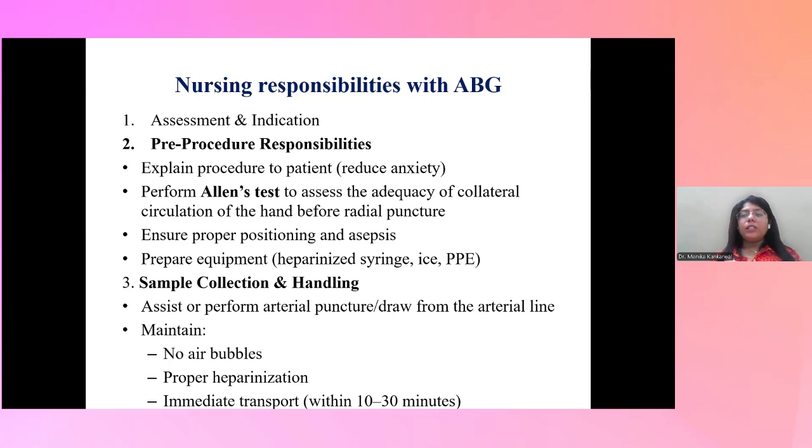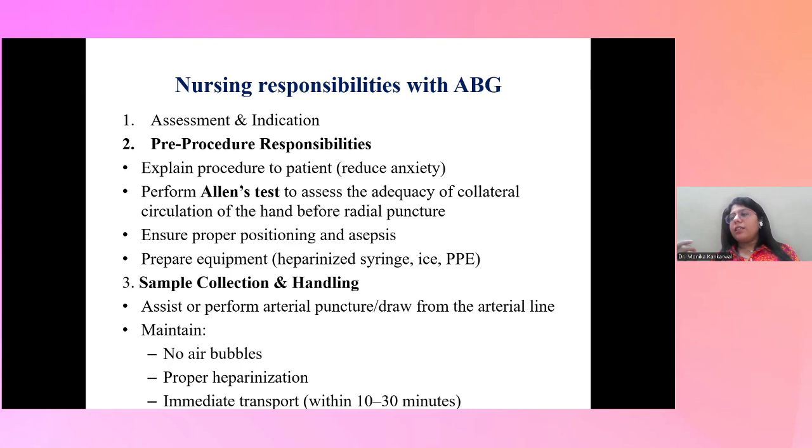That is, within 10 to 30 minutes. And why is it said so? Because as you all know, our blood has RBCs and leukocytes, and even after being drawn, those RBCs and WBCs continue their own cellular activities. So once the blood is drawn, that cellular activity continues in the syringe.